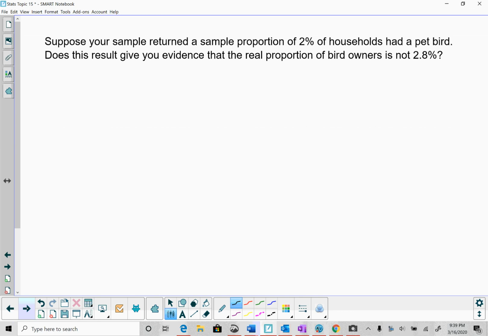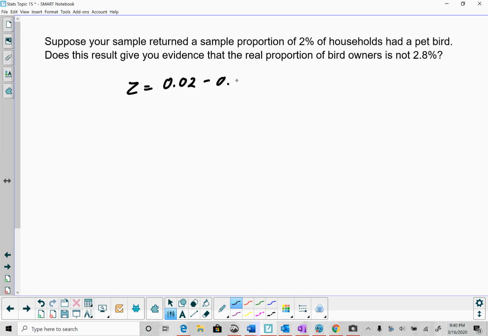Suppose one of your samples gave us a proportion of 2% of the households had a pet bird. Does that result give you evidence that the real proportion of bird owners is not the reported value of 2.8%? Well, let's check with our lovely z-scores. So our sample had a proportion of 0.02.